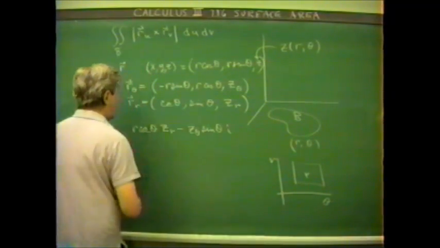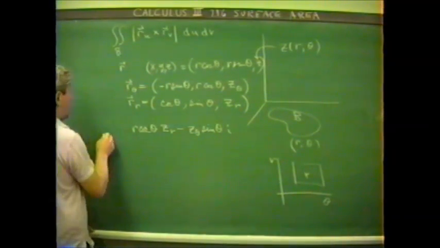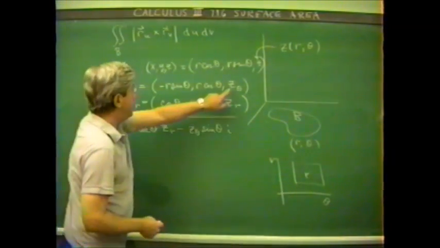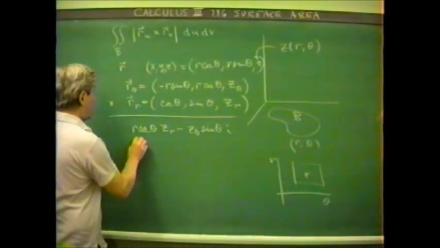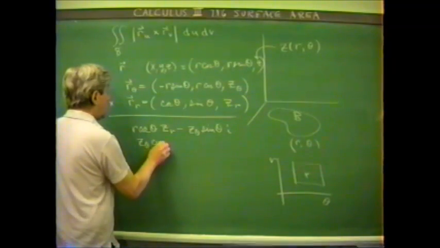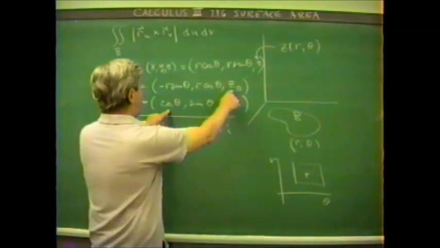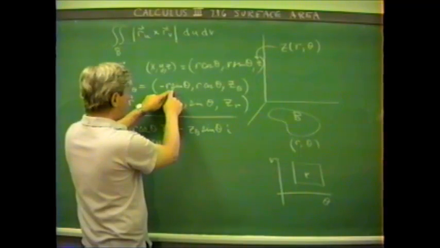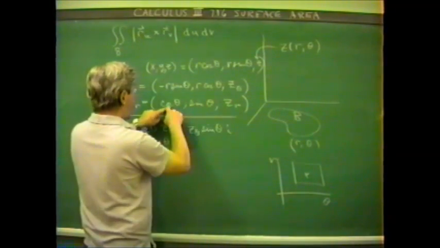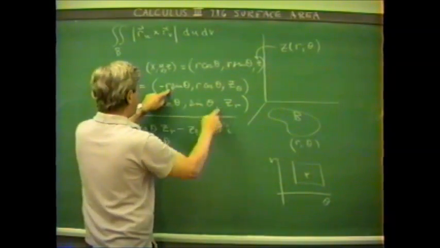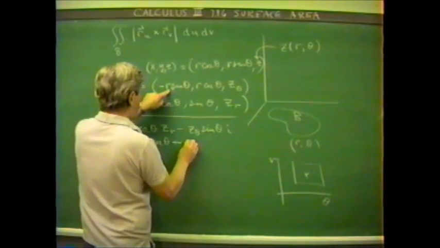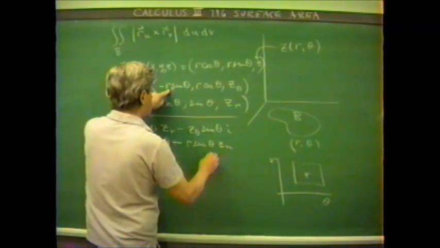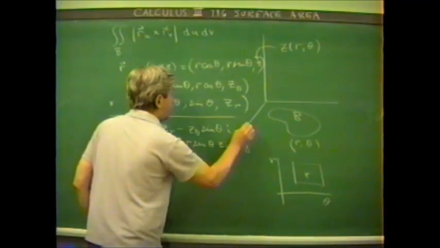For the j component, we're going to get z theta cosine theta plus r sine theta z r.